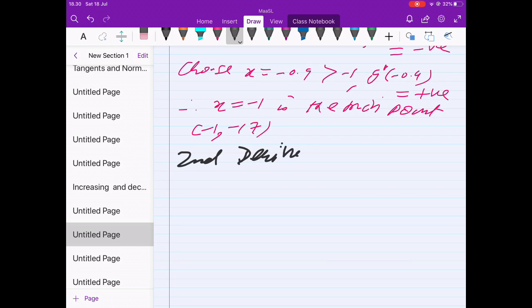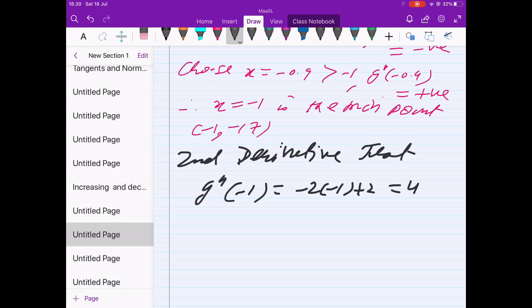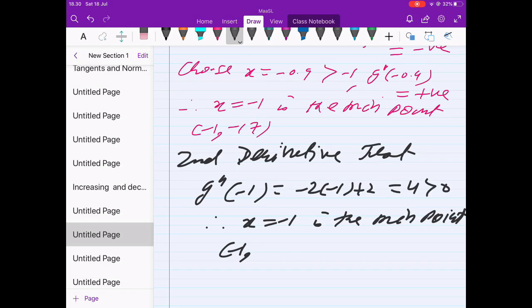Double derivative at negative 1, which we have already seen above, if you substitute the values, will be equal to negative 12 into negative 1 plus 12, that is equal to 24, which is positive. So when the double derivative at that point is positive, x is equal to negative 1 gives the minimum point. So when x is negative 1, negative 17 is the corresponding minimum value.